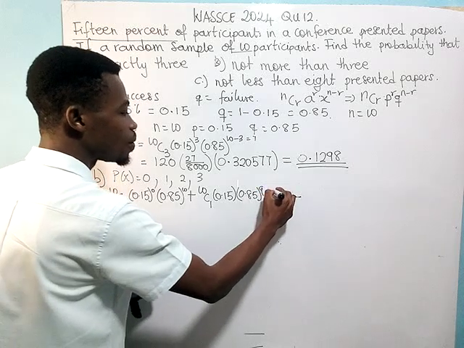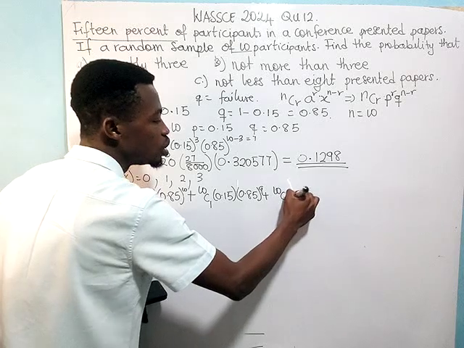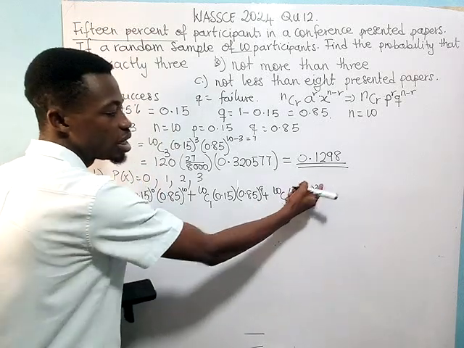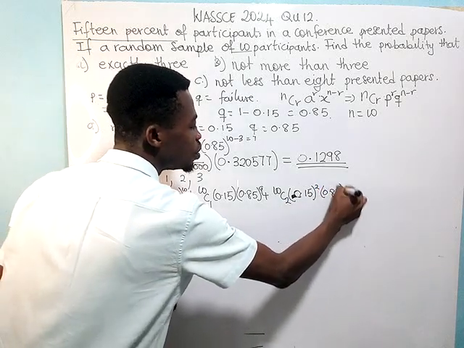Then plus 10 combination 2, 0.15 to the power 2. Remember, this and this must be the same. Then 0.85 to the power 8.